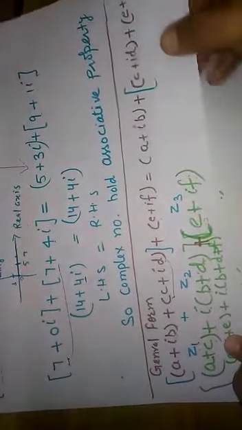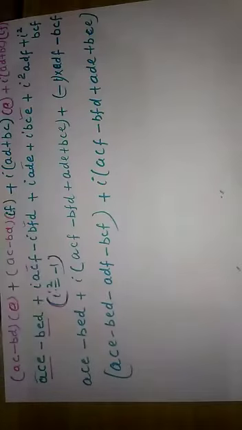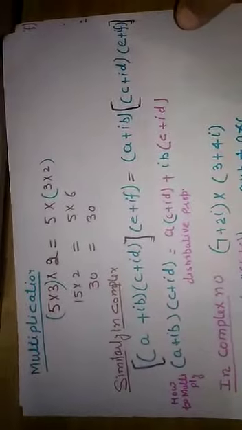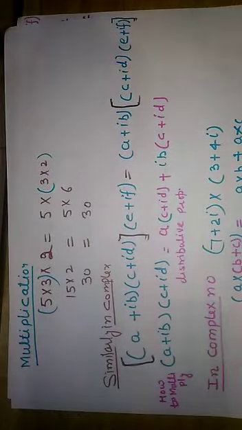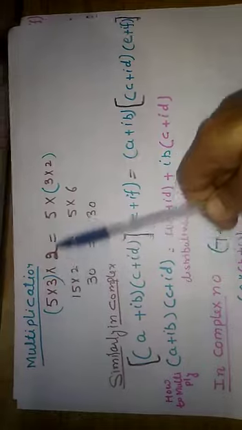So let's move toward the multiplication in the associative property. In a similar way we will understand how we will multiply. First I will talk about the real numbers, then complex numbers, and then the general form again. In the multiplication I have taken this example.